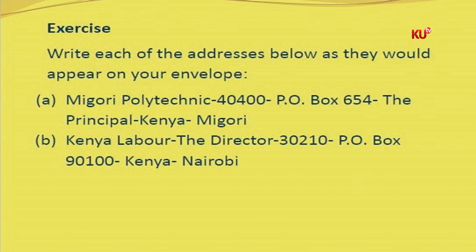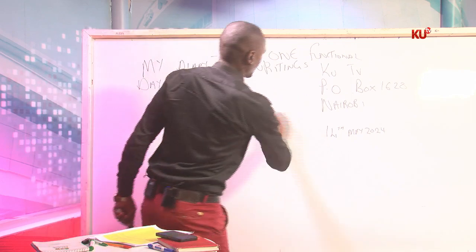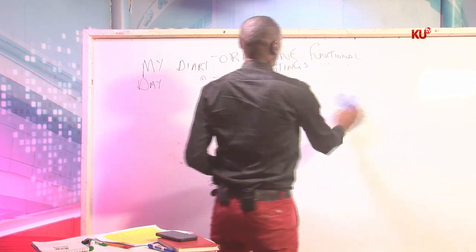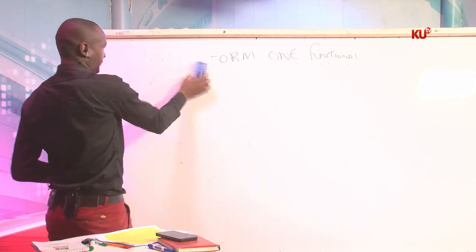As you can see on the screen, you follow those. Now I want you as a student to rearrange those details and write each of the addresses as they would appear on your envelope. Do you start with Migori? Do you start with the postcode? Do you go to the post office box or the person, the principal, Kenya Migori? I want you to challenge yourself that way. Try to write those addresses. And once you are done, you will know even in the exam, you will be good to go.